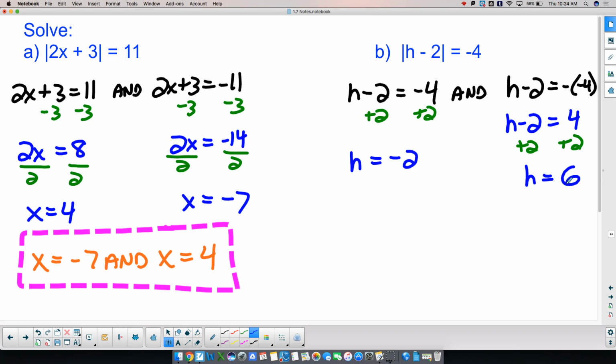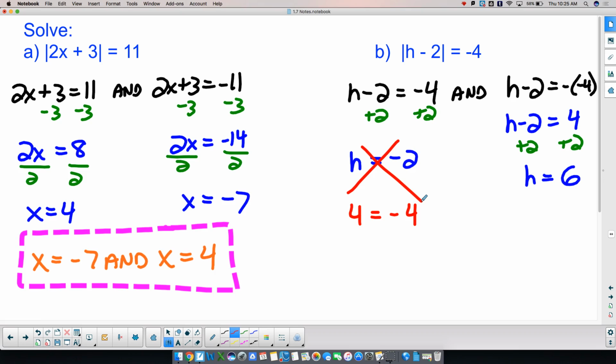Well, let's check this one. What's negative 2 minus 2? Negative 4, right? What's the absolute value of negative 4? 4. Is 4 equal to negative 4? No. So can negative 2 be an answer? No. It's gone.